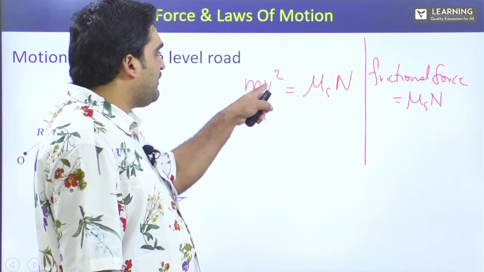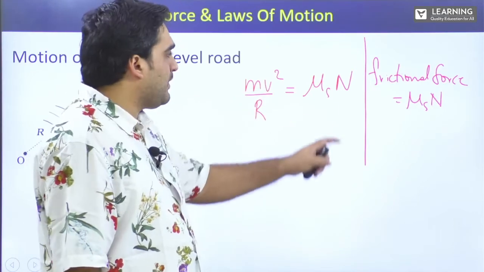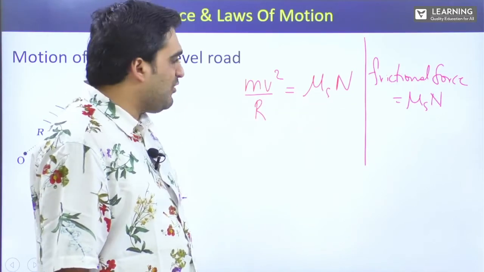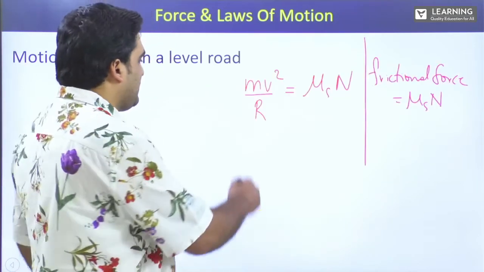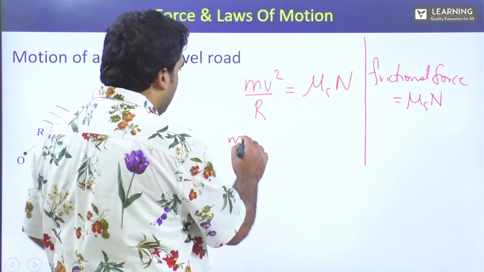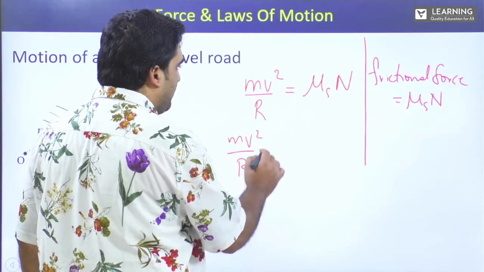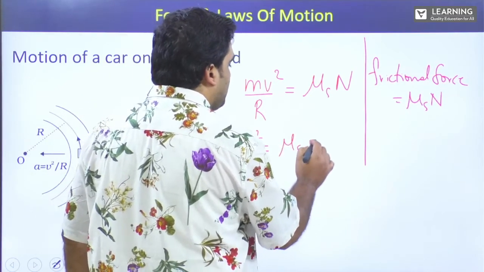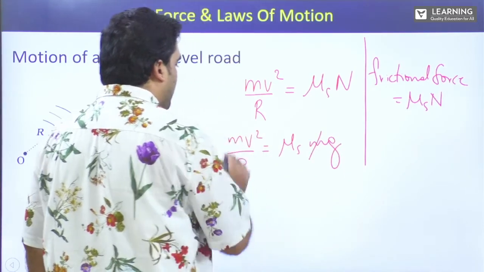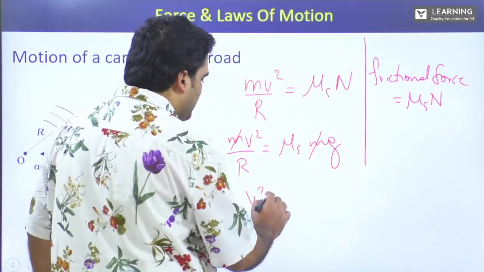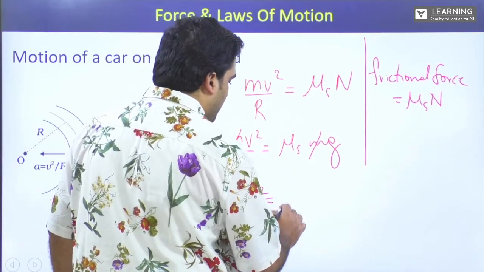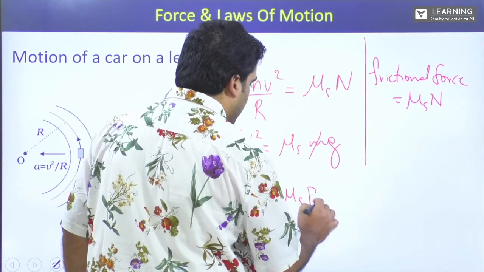So we need to identify what is v, but N we already know from the previous is equal to mg. So substitute it in place of N, mu s mg, where m on both the sides gets cancelled, and you get v squared equals mu s r times g.